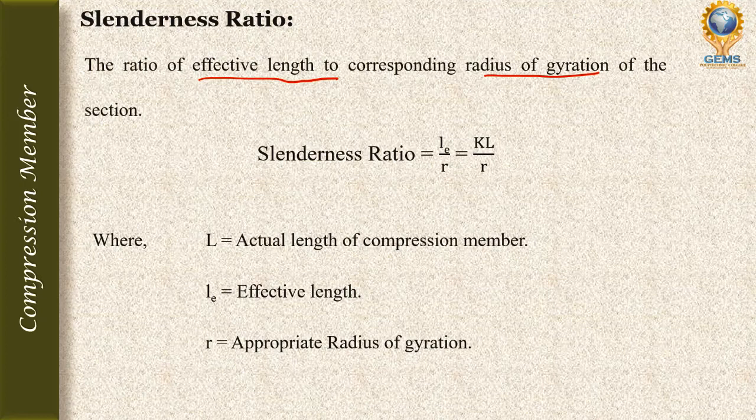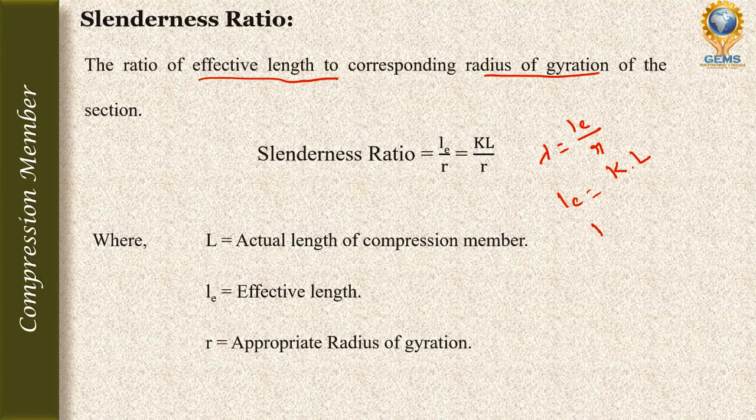So the slenderness ratio formula is lambda equal to LE by R, where LE is the effective length. The effective length is the effective length constant into the actual length. By multiplying the effective length constant with the actual length, we get the effective length.